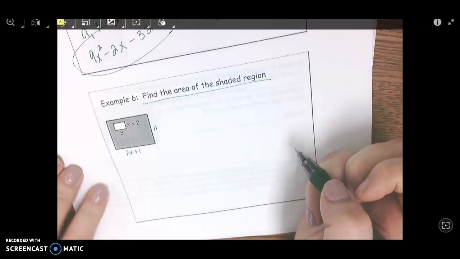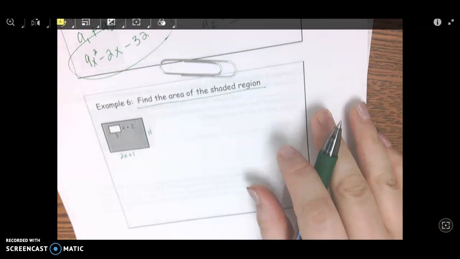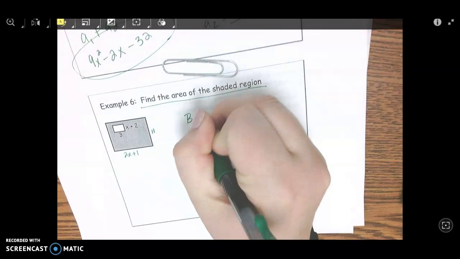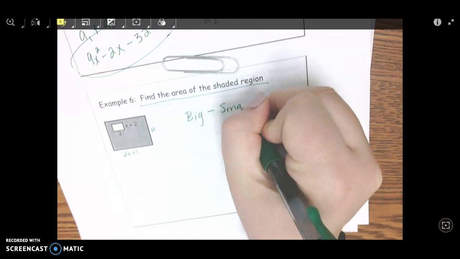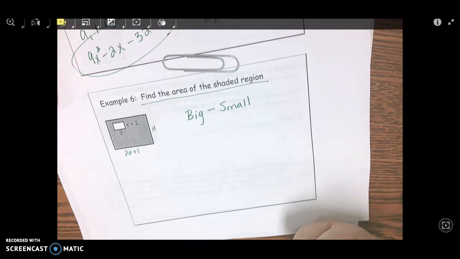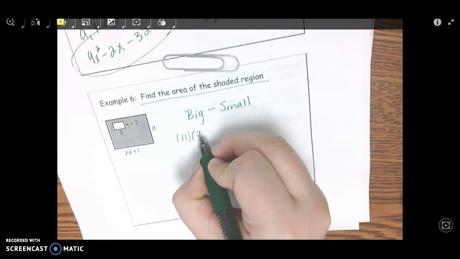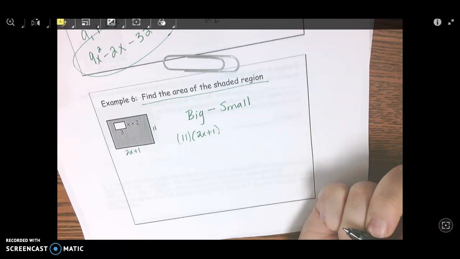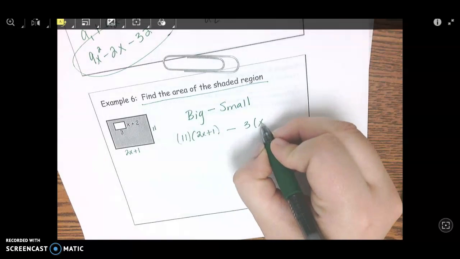How do you find the area of the shaded region? You're going to take the big area minus the small. For the bigger rectangle, that's 11 times 2x plus 1. For the smaller one, that's 3 times x plus 2.